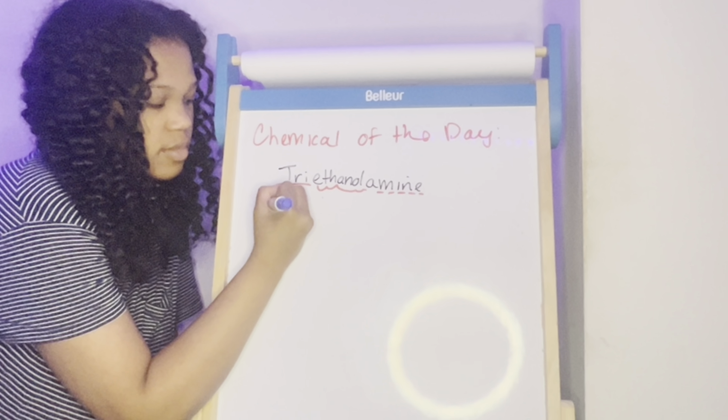And now we see this tri also has 3, triethanol. I want you to know that this suffix ol just means, guess what? Alcohol. You guessed it, alcohol, right?